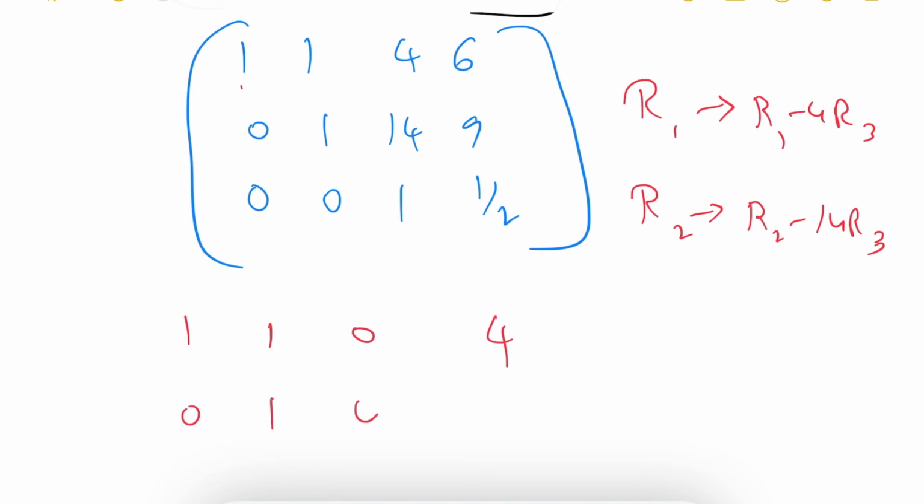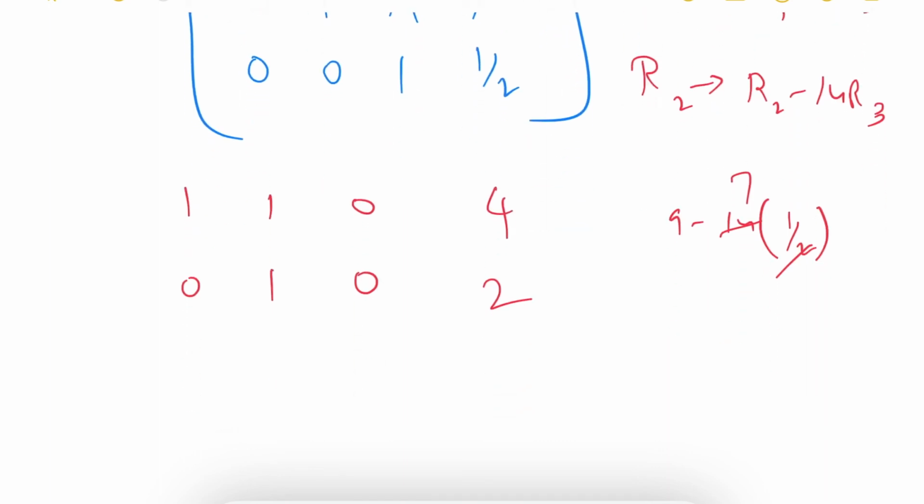This will become 0 now, and this will become, R2 is 9 minus 14 into R3, how much? Half. So 2 ones are 2, 2 sevens are 14, so 9 minus 7 is 2. So first row okay, second row okay, then third row if we take as it is, then 0 0 1 half.